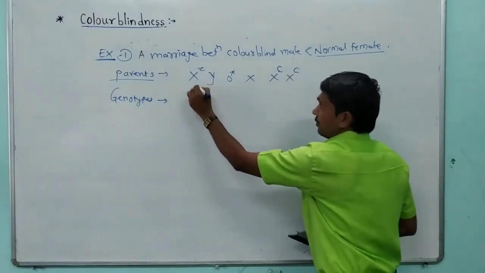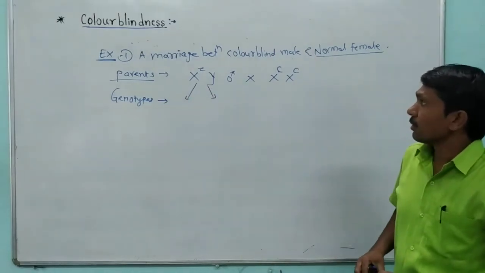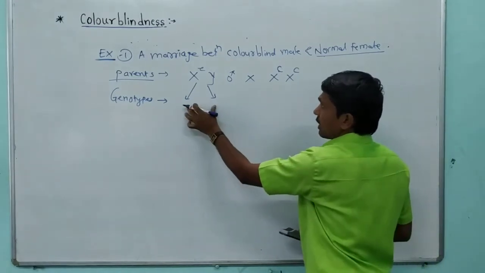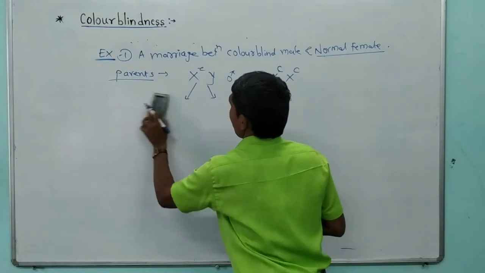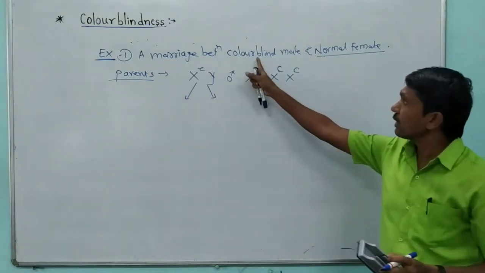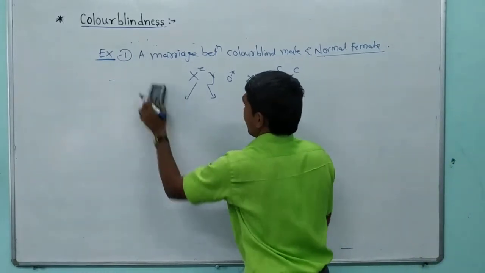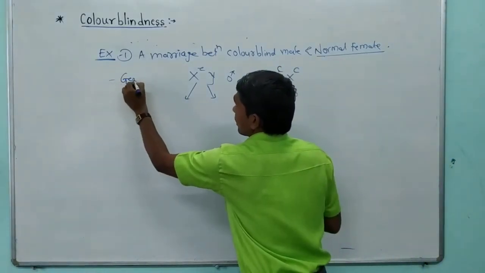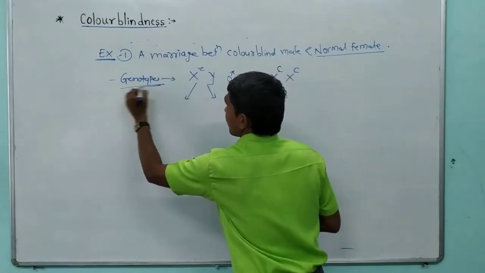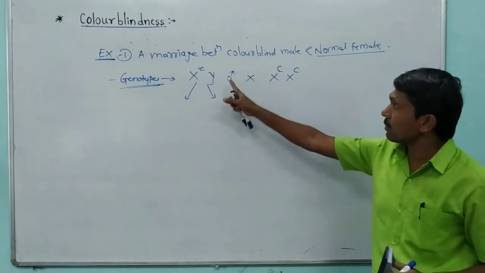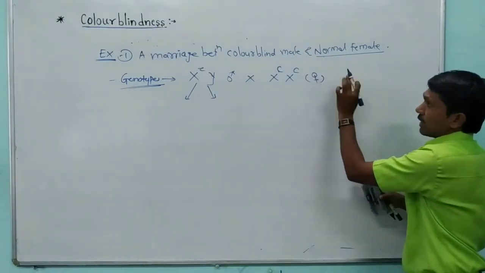Parents and genotypes are given. The parents are color blind male and normal female, that is the parental generation.